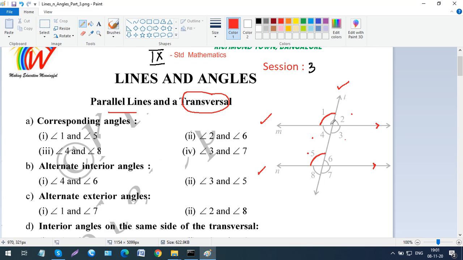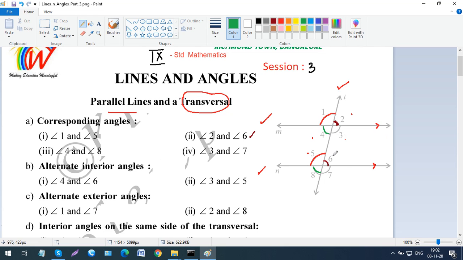We have more such corresponding angles, and I'll show you with a different pen. Angle 2 and angle 6 look the same, lying above the lines and to the right of the transversal. So 2 and 6 are corresponding angles. Similarly 4 and 8 both lie below the lines M and N and to the left, and similarly 3 and 7.